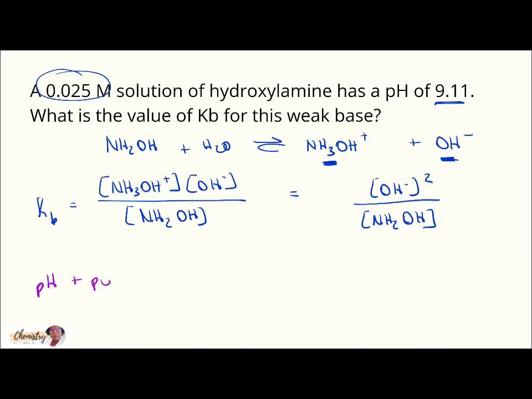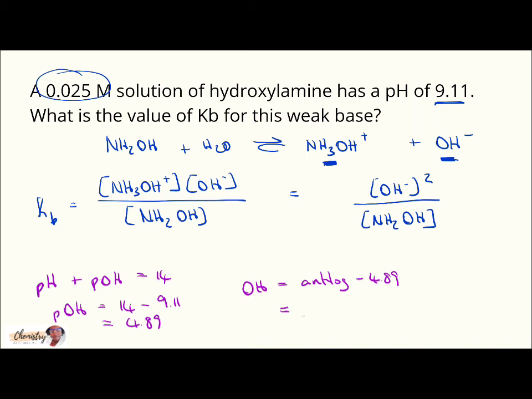pH plus pOH is equal to 14. That means pOH is equal to 14 minus 9.11, which is 4.89. And since pOH is the negative log of OH, to find the concentration of OH, that will be antilog negative 4.89.